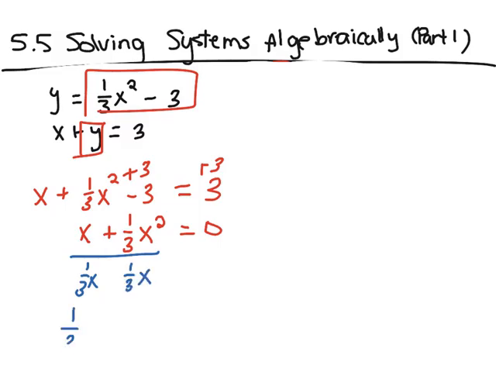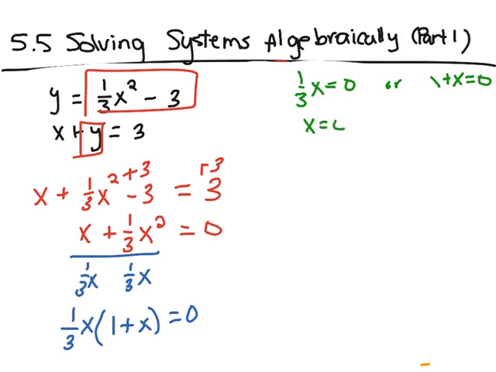So if we take out a 1/3 x, we're left with 1 plus x inside the brackets. So either 1/3 x equals 0, or 1 plus x equals 0. So x either has to equal 0 or negative 1.